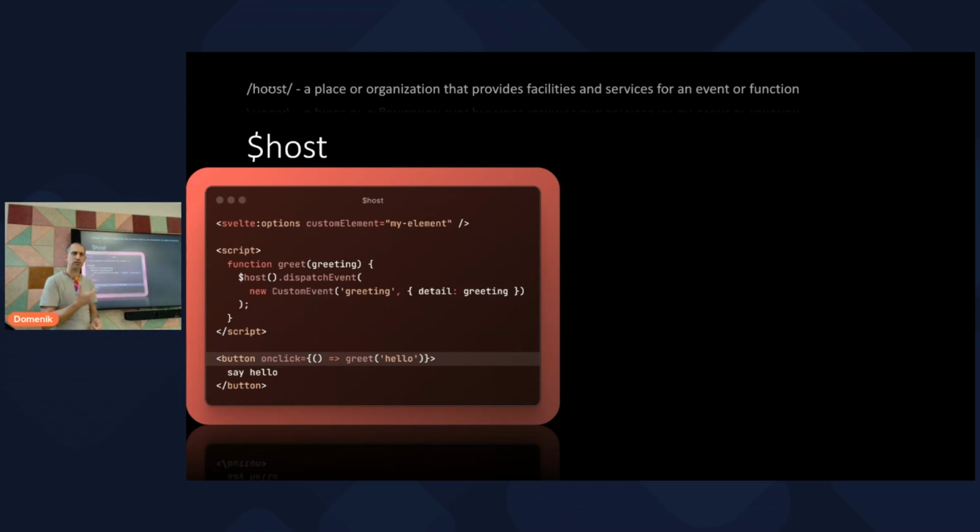I think that's the raw thing that you would get in a handwritten custom element as well. But createEventDispatcher still exists. Yes. It doesn't change. Yeah, it's different. createEventDispatcher is for Svelte components. This is a very custom element thing.